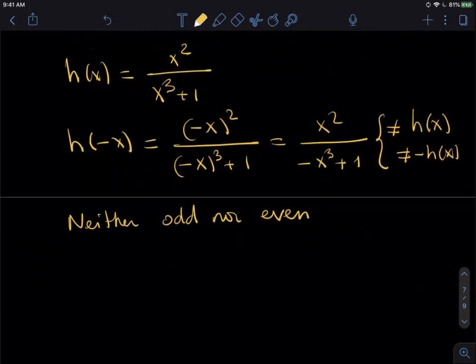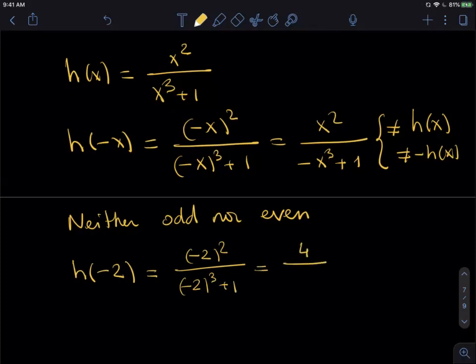For this third exercise, we could have just checked in a point and see if it fails at one point. That's it. We don't need to check anything else. We could have checked, for example, what happens at negative 2. So at negative 2, we have negative 2 squared divided by negative 2 to the power 3 plus 1. So that is 4 divided by minus 8 plus 1.